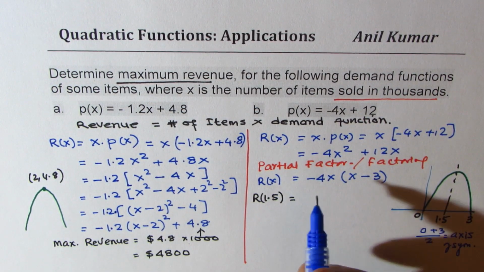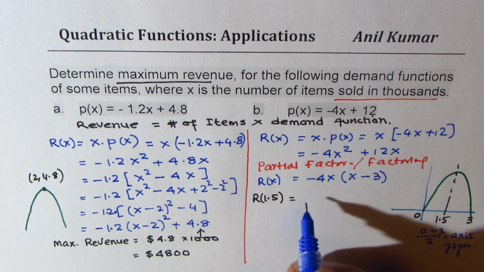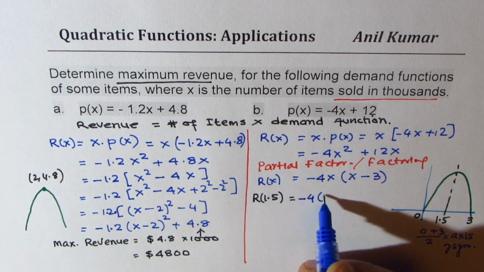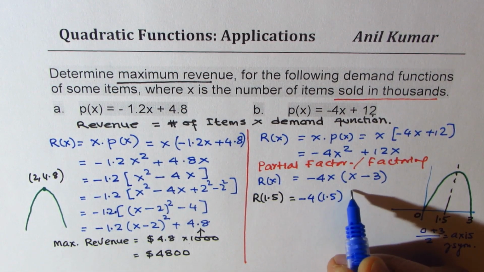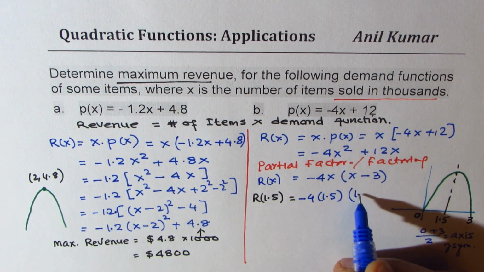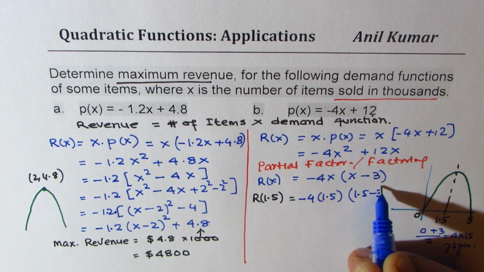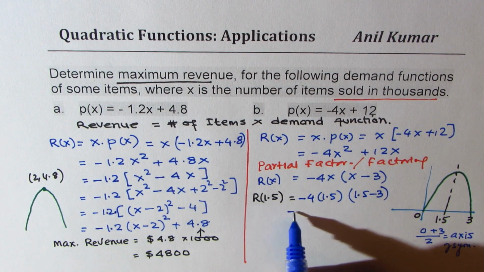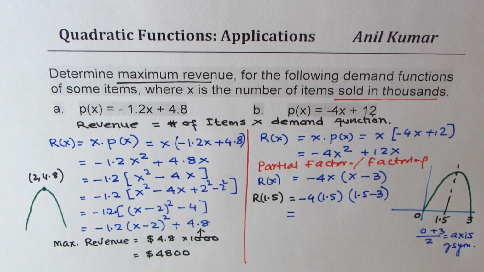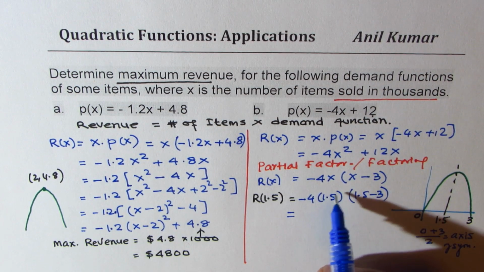We'll just plug in 1.5 here in the equation and find our answer. So minus 4 times 1.5, times 1.5 minus 3. That gives you the revenue in thousands of dollars, correct? 1.5 is 3 over 2.